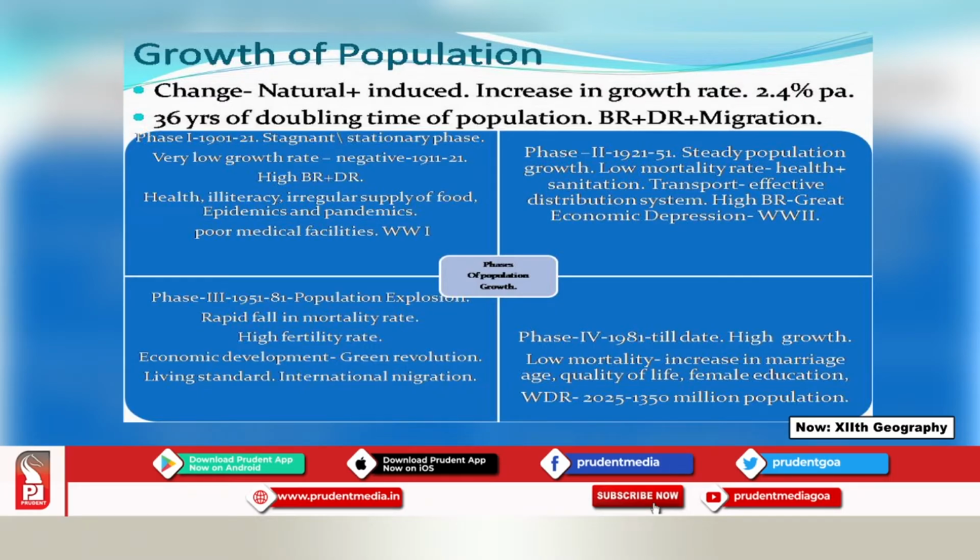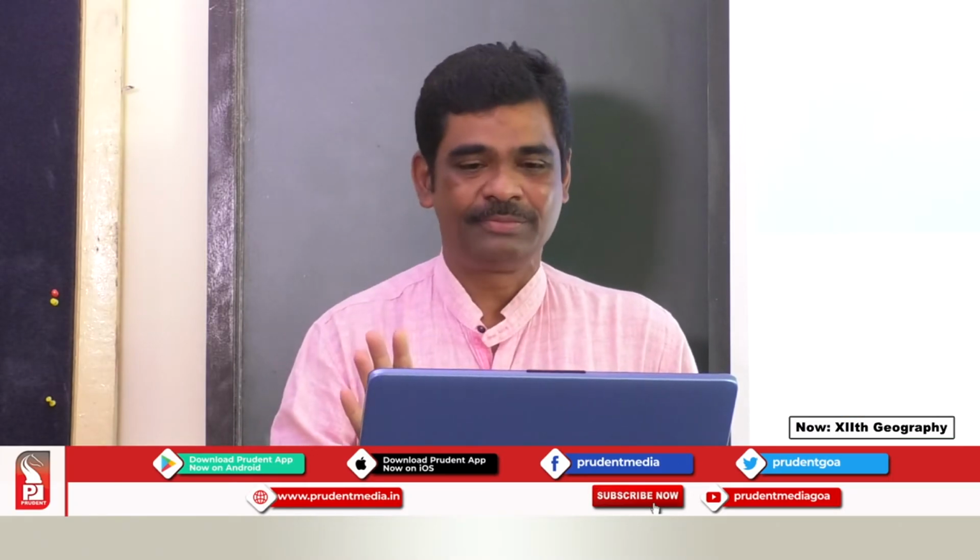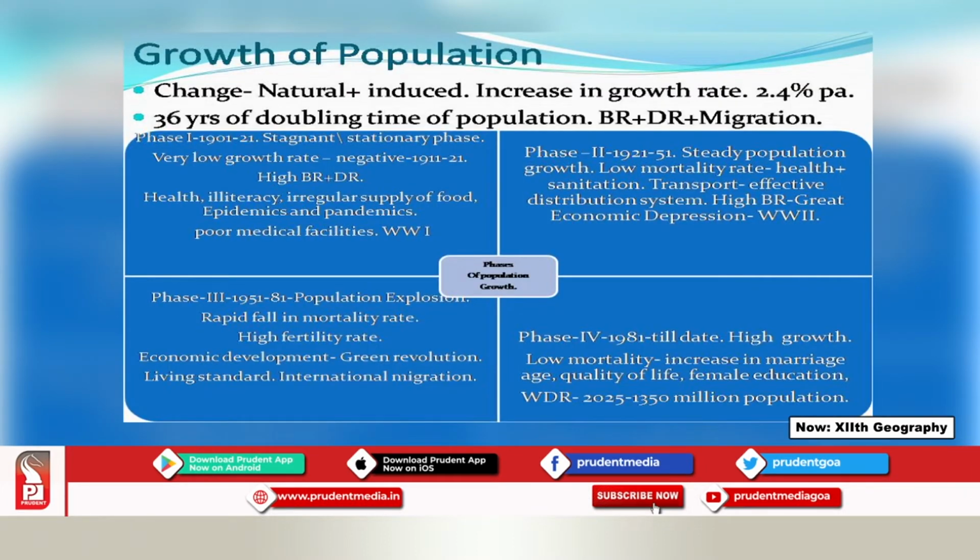Very low growth rate of population is experienced. Very important, from 1911 to 1921, India experienced negative growth of population. The reasons are World War I, India's freedom struggle, and spread of epidemics and pandemics. Students, please note this. 100 years ago, we had a pandemic.